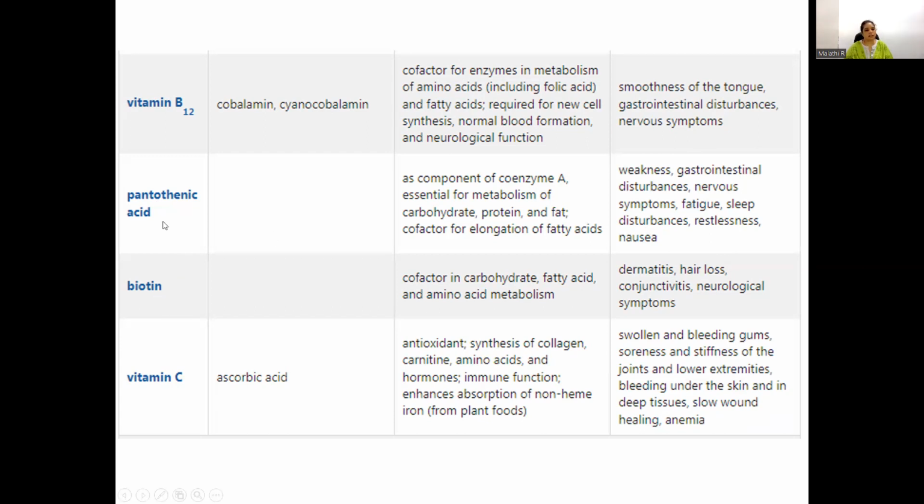Pantothenic acid is present in most fruits, vegetables, meat, and liver. It is common in all fruits and vegetables. Next is biotin, which is present in eggs and other components, especially green leaves. When you take biotin-rich food, do not take it with raw egg, not boiled egg.